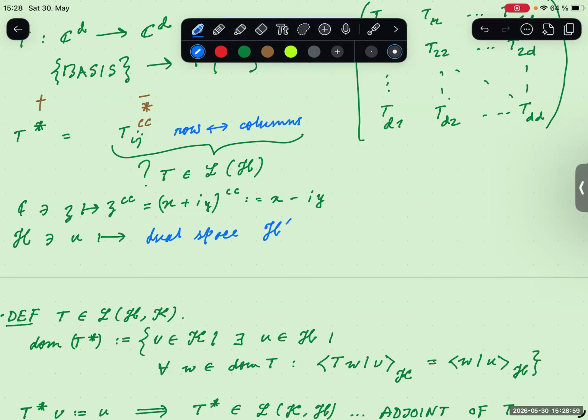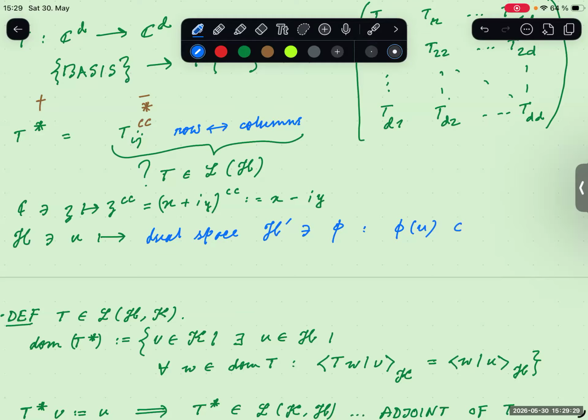So by dual, you mean functionals, right? Or what do you mean by dual space? Yes, functionals. Okay. And then you have some element, let's call it phi, and then you act phi on u.